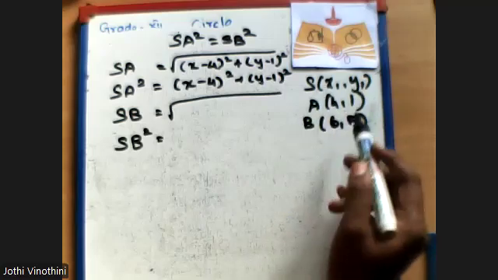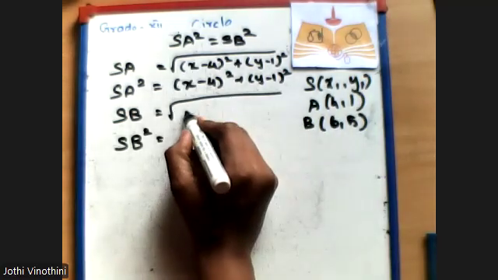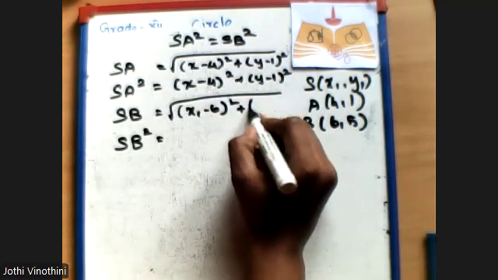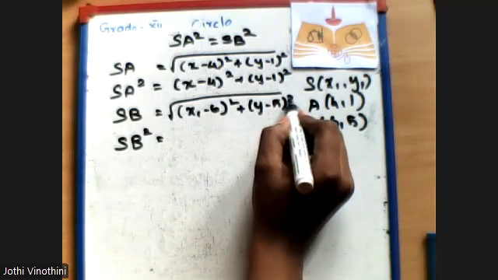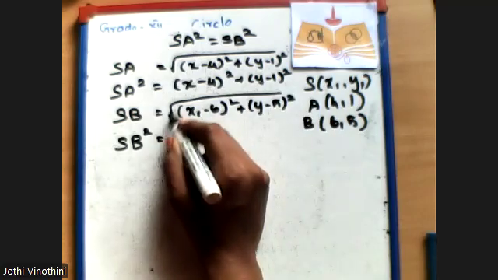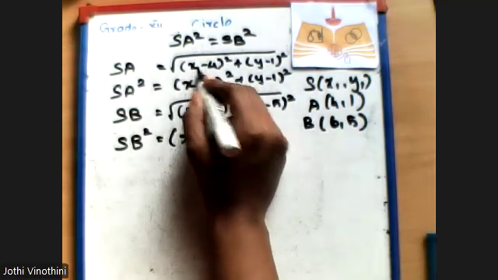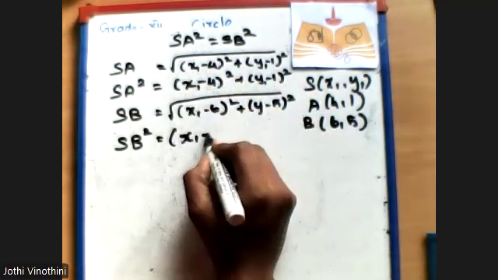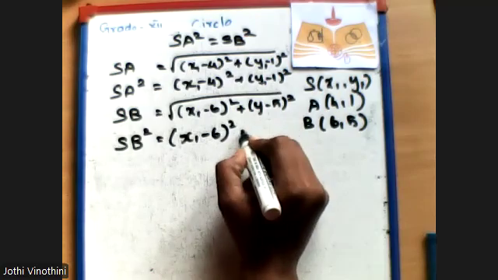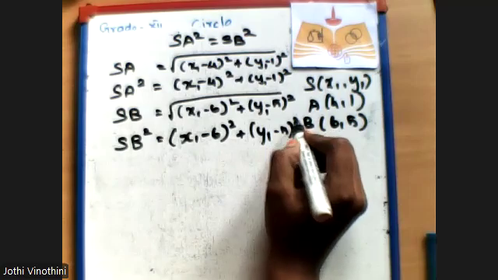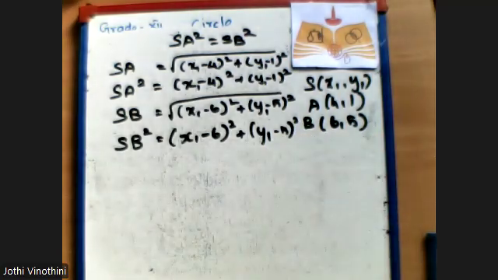So this is x1, y1 and this is x2, y2. So x1 minus 6 the whole square plus y1 minus 5 the whole squared. While squaring this, the square root will get cancelled. Clear?